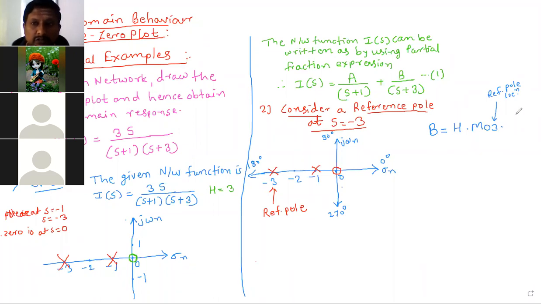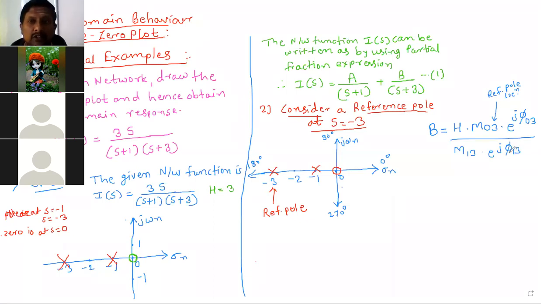Next, e raised to j phi of 0 to 3 divided by, now reference pole and remaining pole distance you can write in the denominator. M 1 to 3 distance into e raised to j phi 1 to 3.